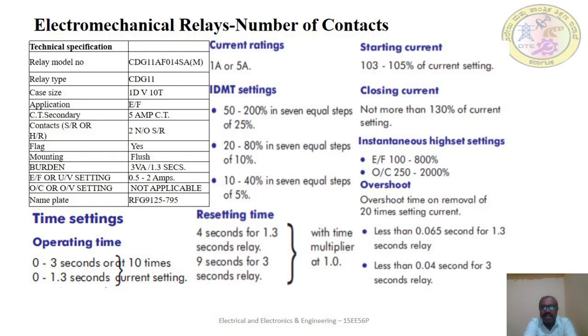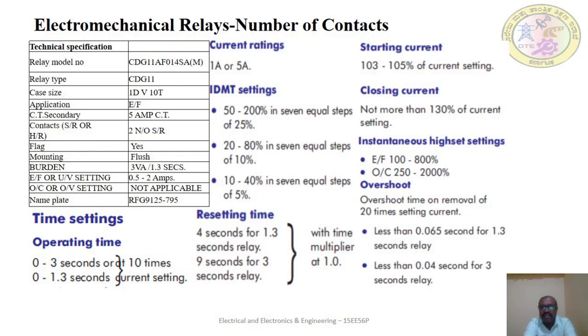IDMT, inverse definite minimum time characteristics, will be 50% to 200% in steps of 25%. That means the PSM that we discussed in previous slides. Then 20% to 80% in 7 steps of 10% is for earth fault relays. Then the starting current will be 103 to 105% of current setting, closing current not more than 130%.